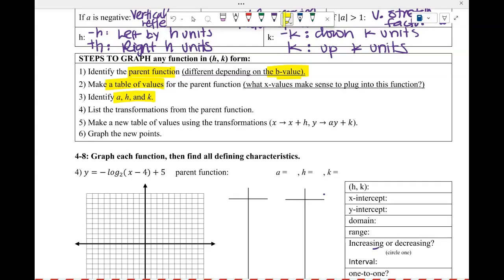A, H, and K, list it out. That way you know where the A is going to go, the H is going to go, and the K is going to go. Make the list of transformations from your parent function, and then a new table where your H will be either added or subtracted from your original X, and then the A and the K are both vertical changes on your Y, and then you're going to be graphing your new points.